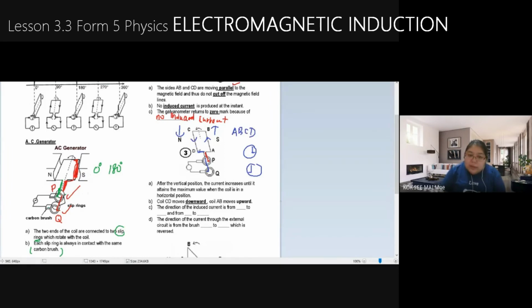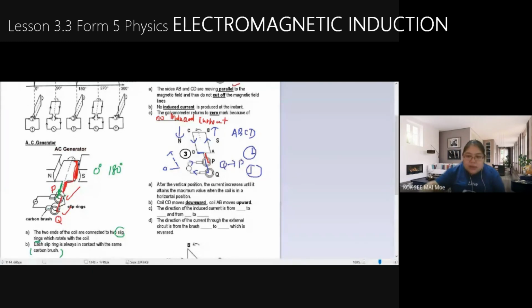From the CD, they never go to P. P just crosses over, crosses the ring, then comes to the Q. After that, go to the P. If the galvanometer zero is here, now the deflection goes to the right. That means the external current flows from the Q to the P. So from here we answer the question.